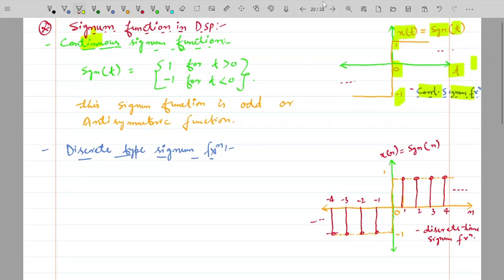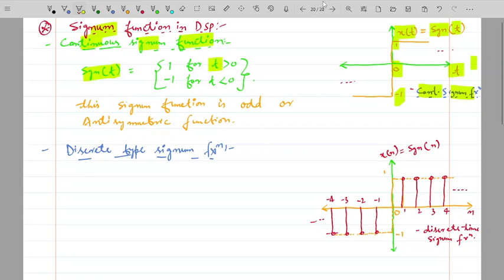The mathematical representation of the continuous time signum function is this: when the value of t is greater than 0, that is, positive, the value of the signum function is 1.